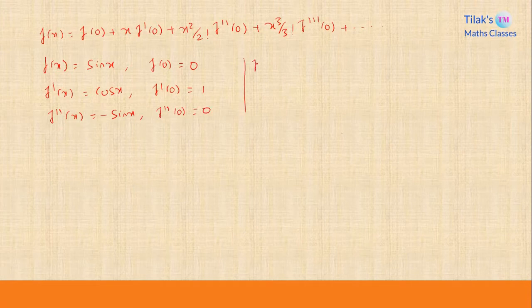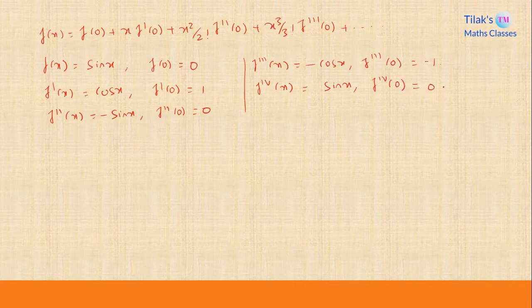The third derivative is minus cos x and f triple dash of 0 is equal to minus 1. The fourth derivative is equal to sin x and its value at x equal to 0 is 0. The fifth derivative is equal to cos x and its value at x equal to 0 is 1.